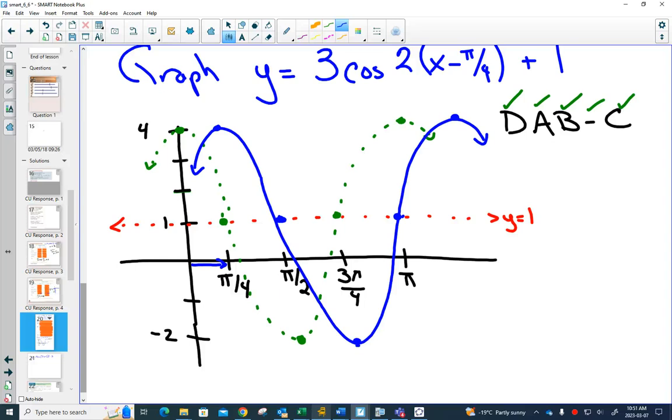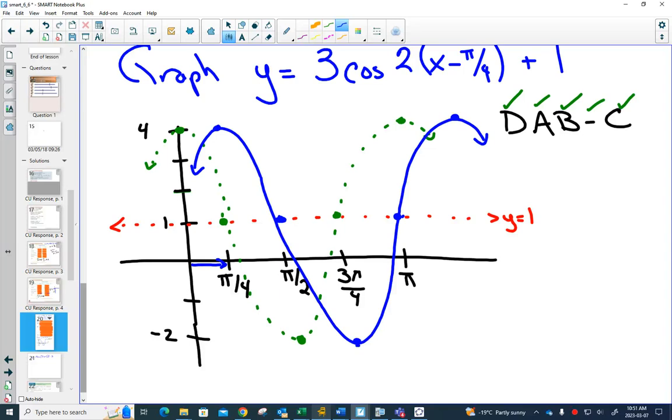We noticed that your D value always changes your center line, your sinusoidal axis. Your A value is always equal to your amplitude. And so if we have our center line, our amplitude can find our max and our min easily. The B value affects your period. We have a formula that your period is 2 pi divided by your B value. So that lets us figure out that the period was pi divided into 4 equal sections.